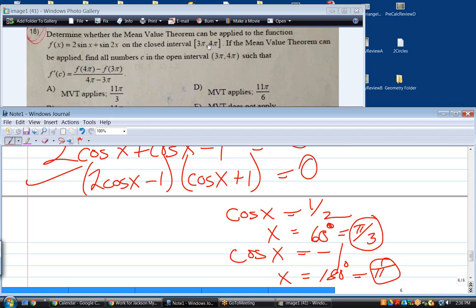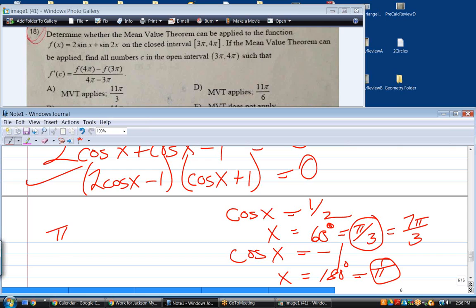Notice that interval is the second unit circle. What's the equivalent of pi over 3 in the second unit circle? Add 2 pi to it. If you add 2 pi to pi over 3, you get 7 pi over 3.